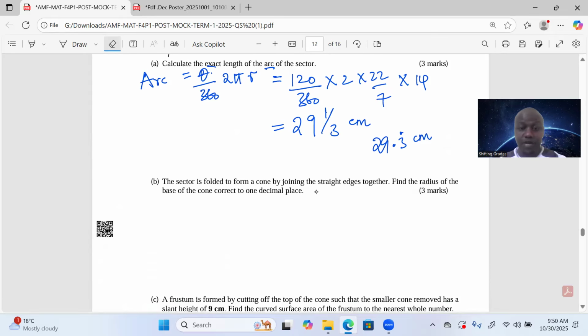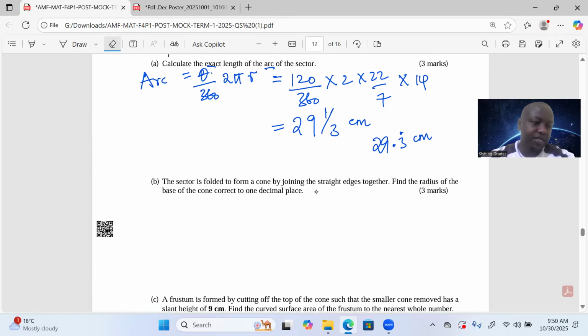Now, the sector is folded. The sector we had there is now folded to form a cone by joining the straight edges together. Find the radius of the base of the cone, correct to 1 decimal place. So when you fold a sector, it becomes a cone. I don't know whether it's possible.